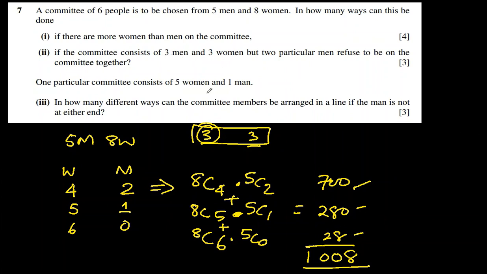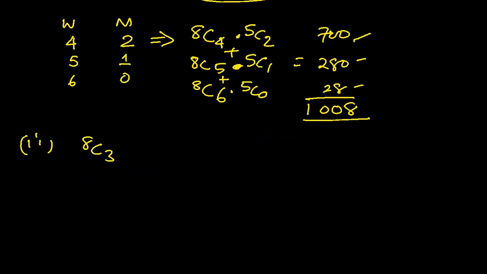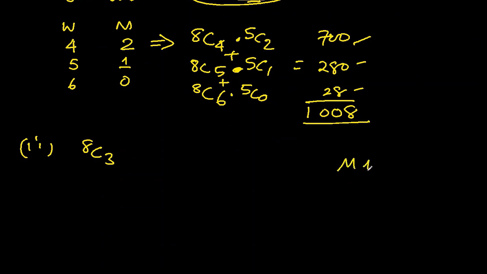If the committee consists of 3 men and 3 women, but 2 particular men refuse to be on the committee together. All right, what is unaffected is that we are choosing 3 women. Only the problem is with men. They refuse to be together in the committee, so there are 3 situations. Let's call them man 1 and man 2.